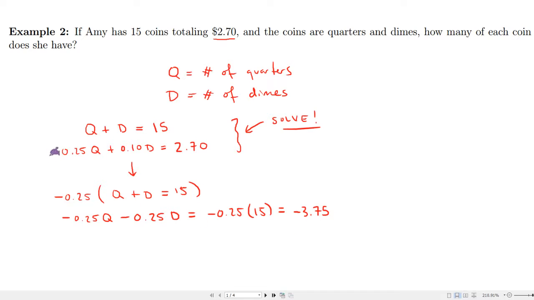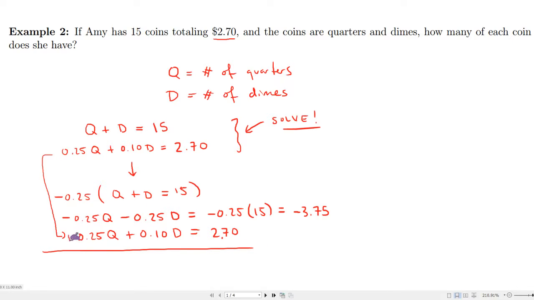And then the second equation is 0.25 Q plus 0.10D is equal to $2.70, or 2.70. So now let's add these two equations. If we add these, you see that the Q is eliminated, but then we're left with negative 0.15D, and then adding negative 3.75 to 2.70, we will have negative 1.05.